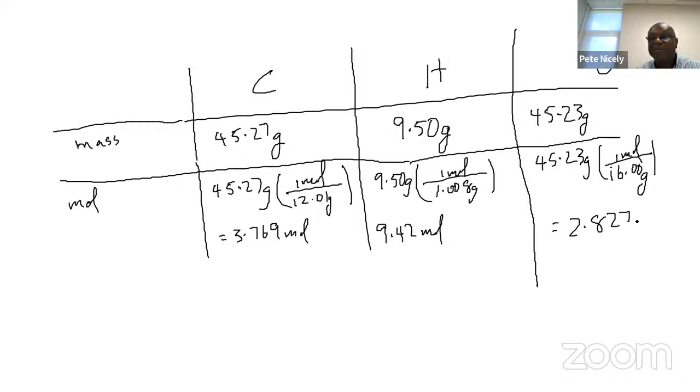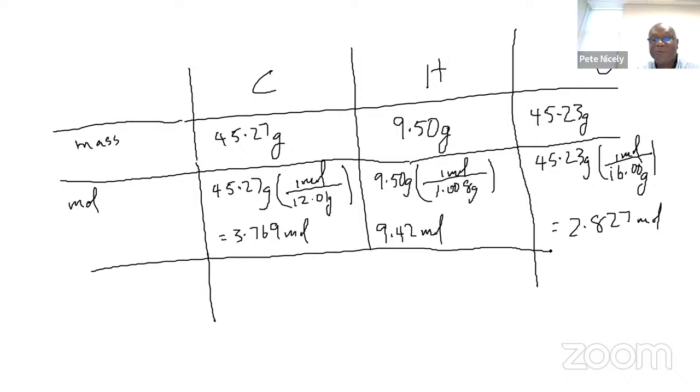2.827 moles. All right. And then, as we did in the previous example, we examine each of these numbers and decide which one is the lowest. And that would be this one right here, the 2.827 moles. So basically, you're going to divide right through by 2.827 moles.